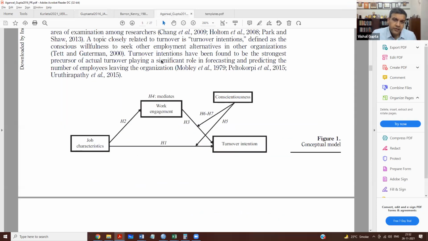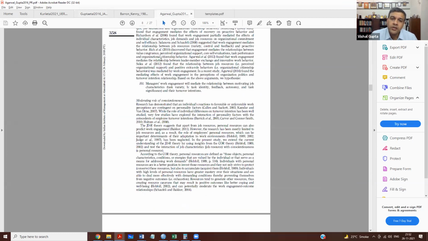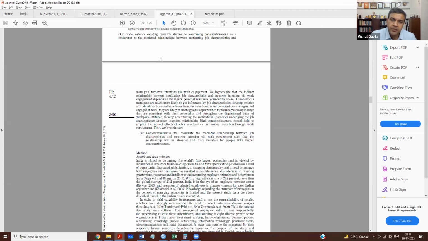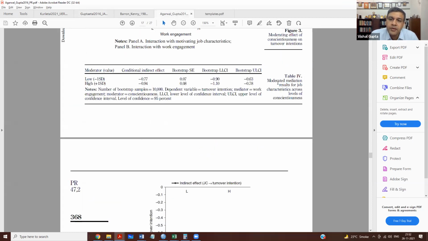You can read further papers. In all these papers, in all moderated mediation papers, you will find a table like this. You see in another paper, moderated mediation results for job characteristic across levels of conscientiousness, the conditional indirect effect, low value of the moderator, high value of the moderator.